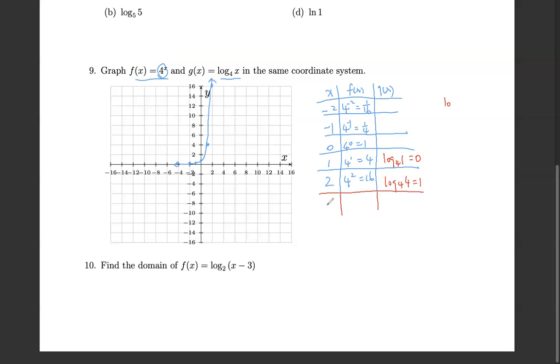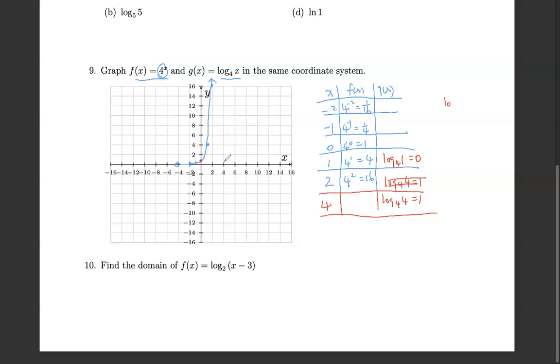Log base 4 of 4 equals 1. So let's draw these points anyway. We get this common point, 1, 0. And then we have 4, 1.